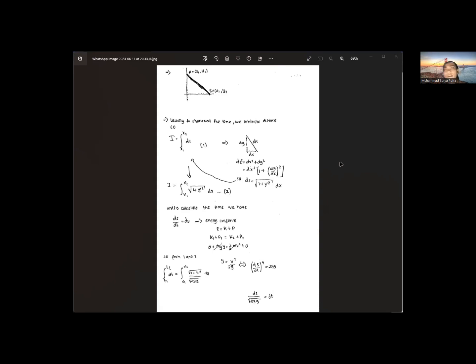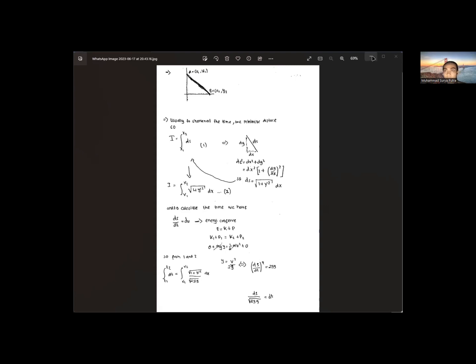I want to use a computational numeric method, which is Simpson's 1/3 method, to calculate the total integral from x1 to x2 of the function.